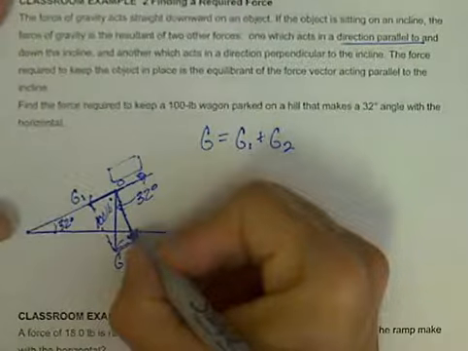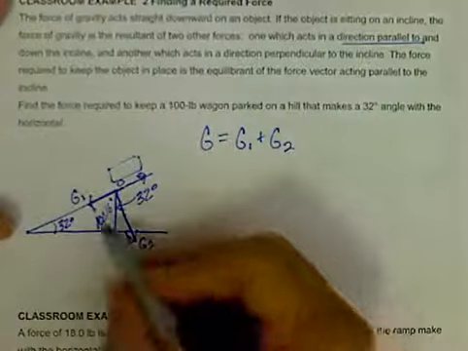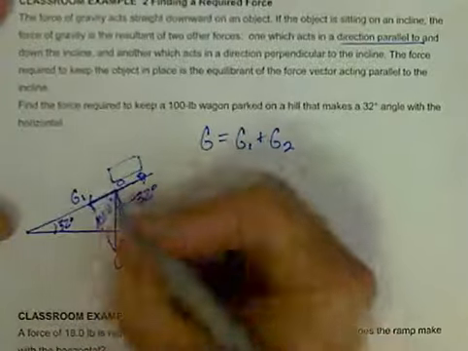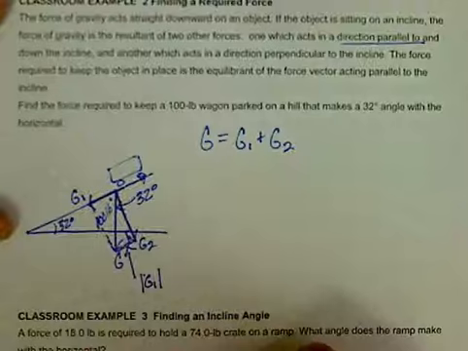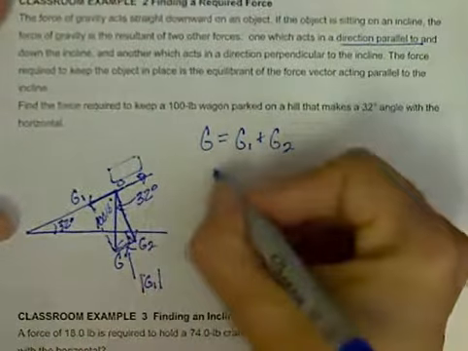Here we've got a right triangle. We have the hypotenuse is 100 pounds, and what we're trying to find is the length of this side, which would be the magnitude of our G1. This side is actually opposite our angle of 32 degrees.